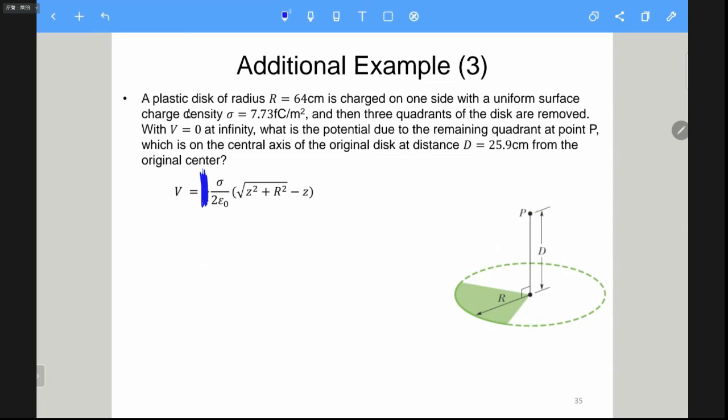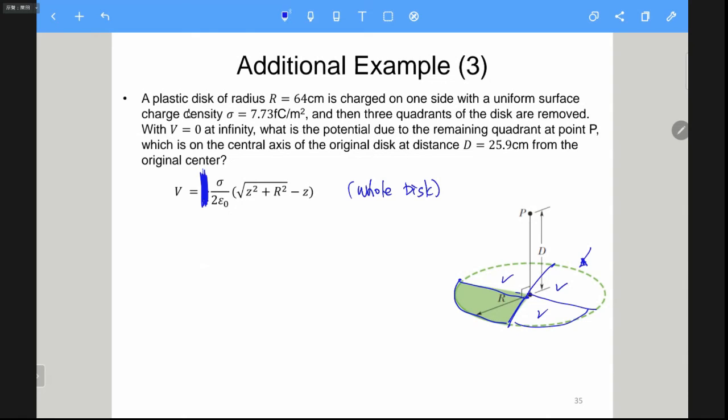For the whole disk, we already know the expression will be something like this. So now we just remove 3 quadrants of it, and with only this part remaining, due to the symmetry, this part and this part will generate the same potential, and so will this part and this part.